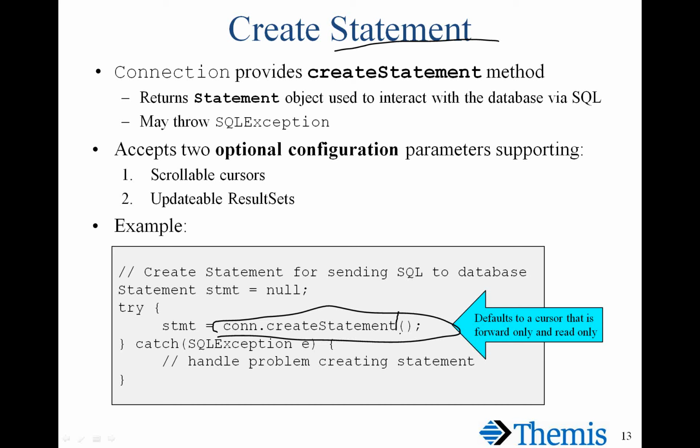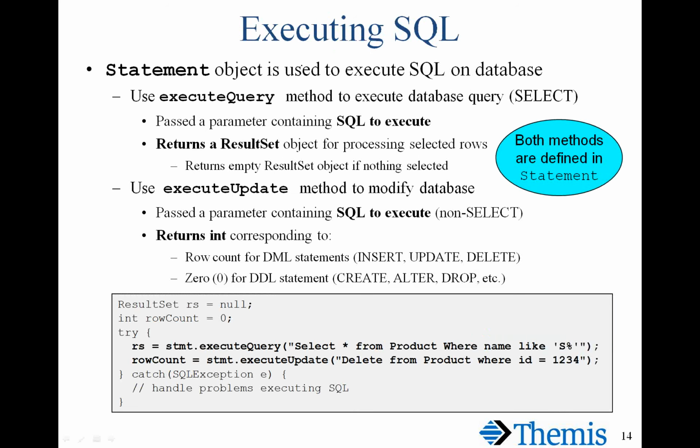Now, in this example, createStatement has no parameters being passed in. It does have a couple of optional parameters that support features of result sets, including scrolling and updatability. We'll see that in a minute.